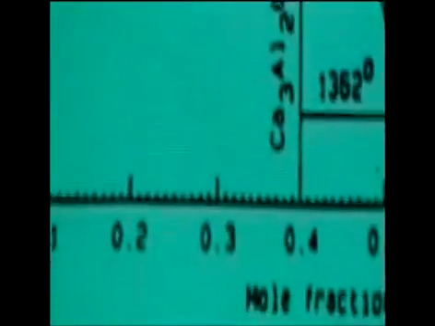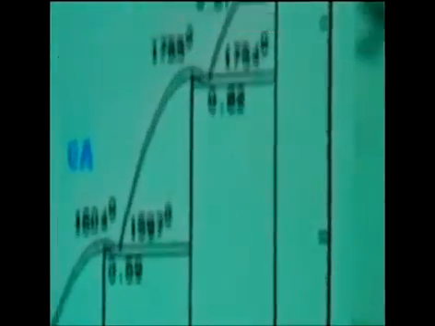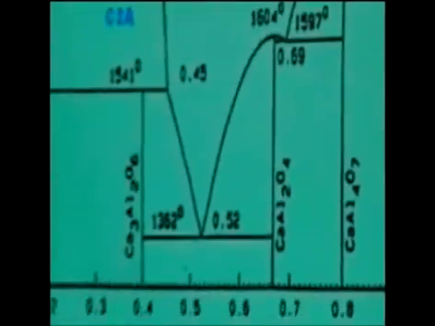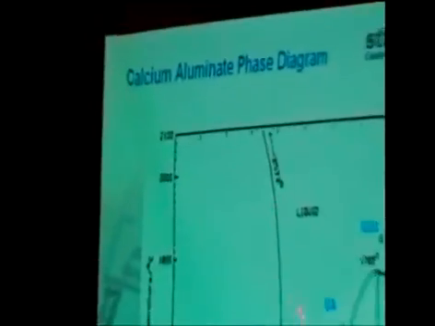Actually, it's quite a complex system. It has different kinds of phases between calcium oxide and aluminum oxide. Starting from this side, there is a more calcium-rich phase, moving to this hexaaluminate phase.